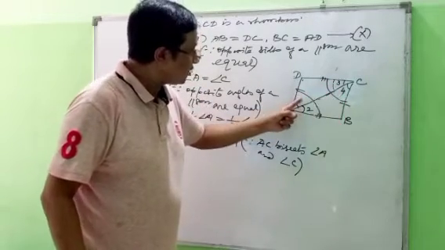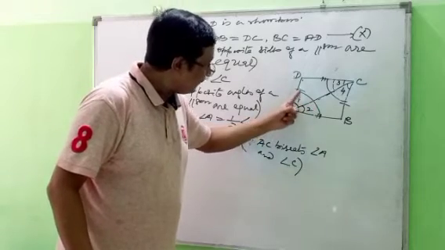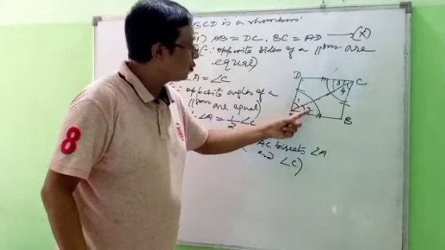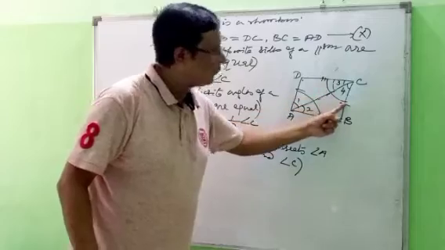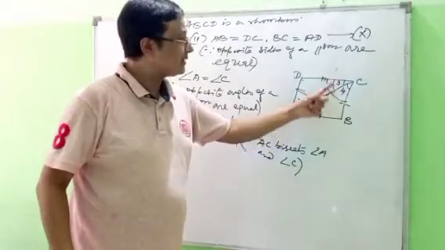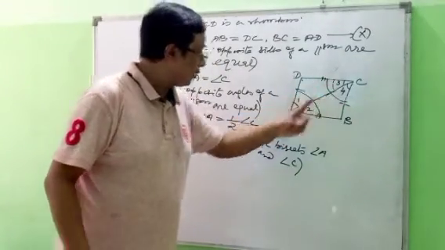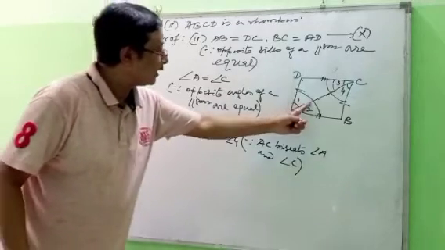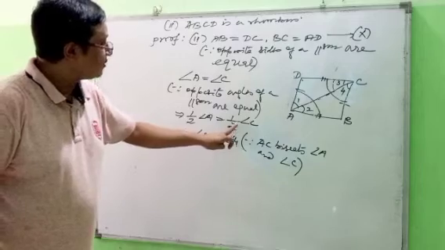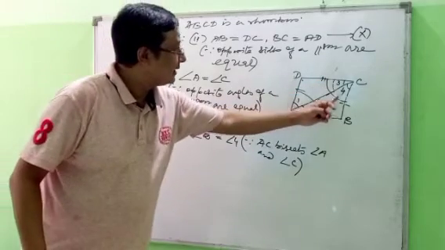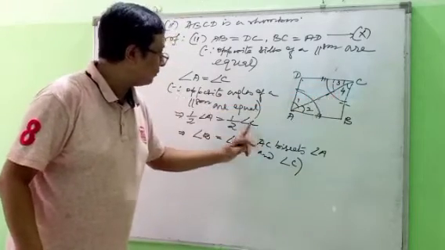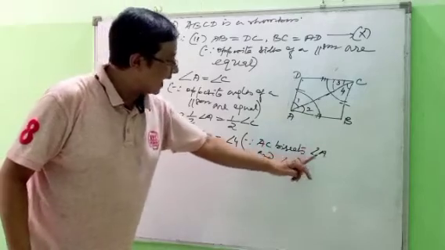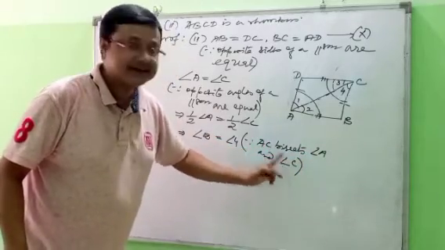That is why each of the angles, that is half of A, means 1 or 2, or half of angle C means angle 3 or angle 4. So in place of half of angle A, you have written angle 2, and in place of half of angle C, you have written angle 4, because AC bisects angle A as well as angle C.